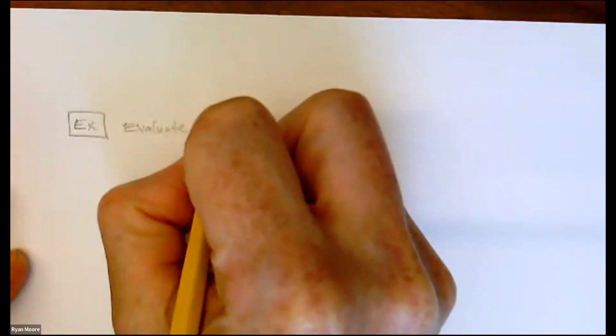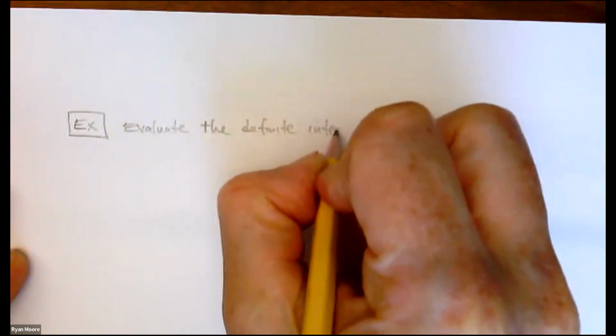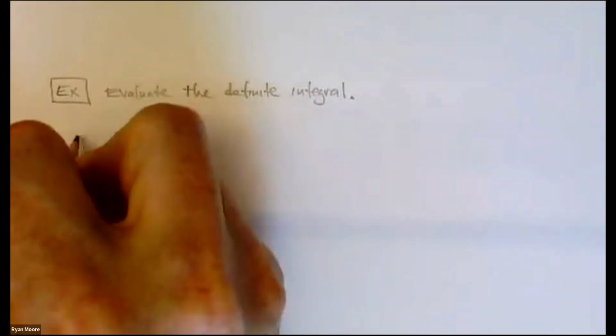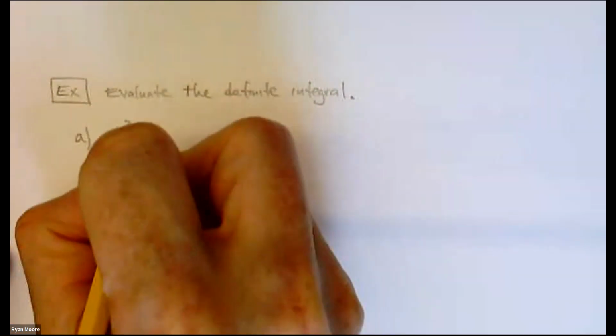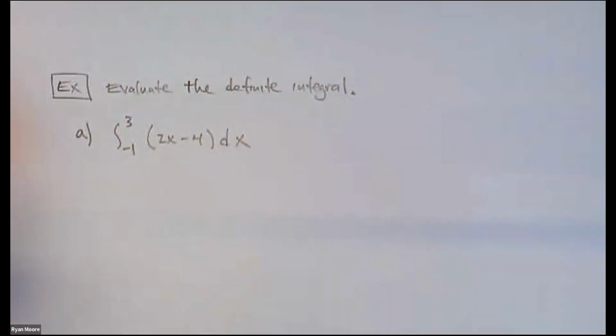All right. Example, evaluate the definite integral. Part A, integral from -1 to 3, 2x minus 4 dx.